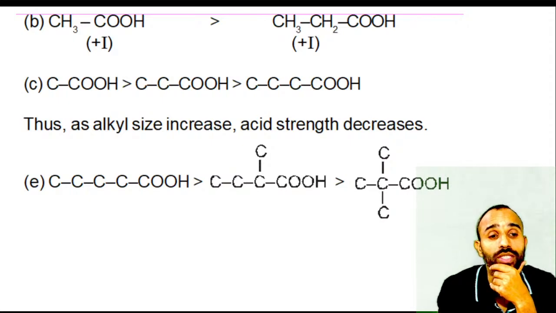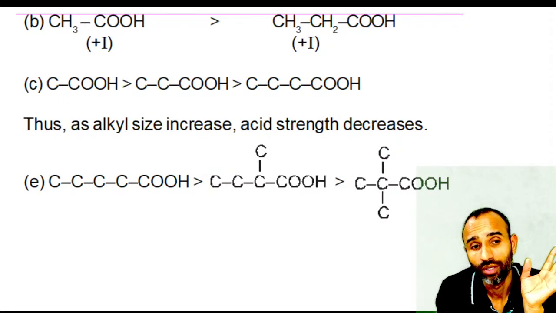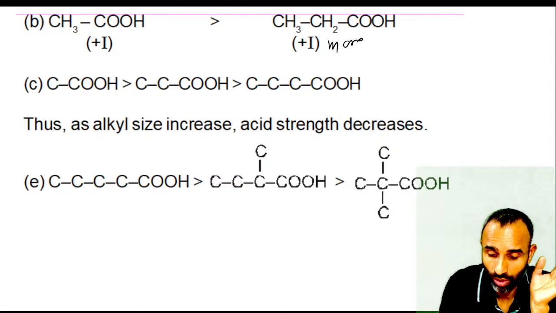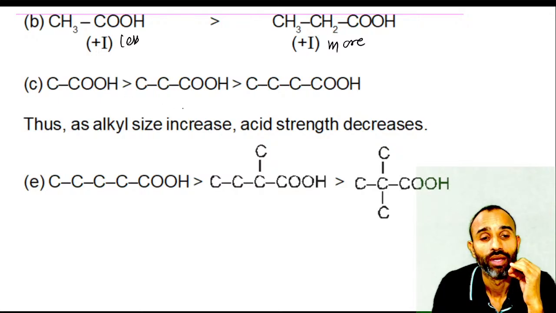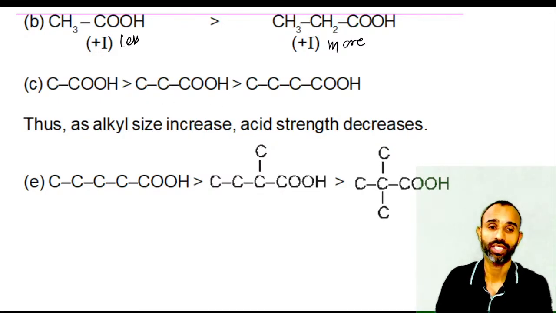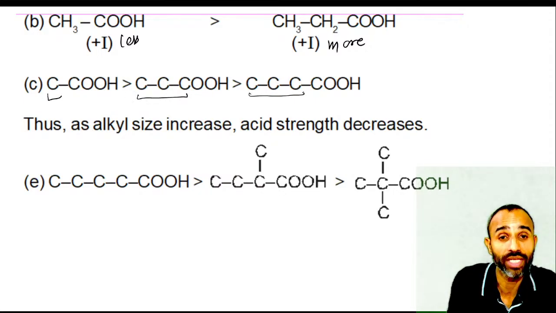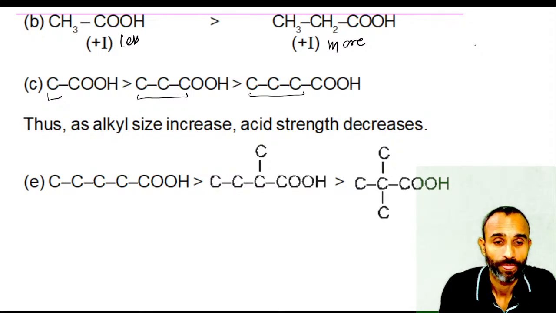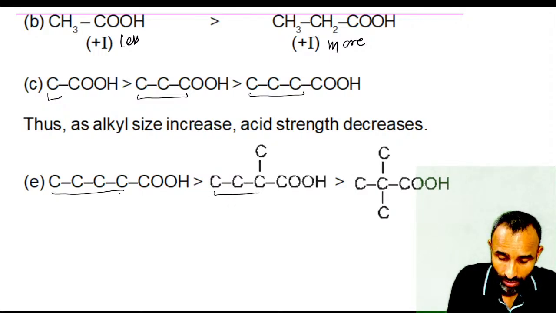CH3COOH, obviously it is more acidic than CH3CH2COOH because plus I effect here is more, here plus I effect is less. And as carbon atoms increase, meaning alkyl group increases, plus I effect increases, and that's why acidic strength decreases. And see, there are 4 carbons, but if you see this carbon, it is attached to 2 carbons.